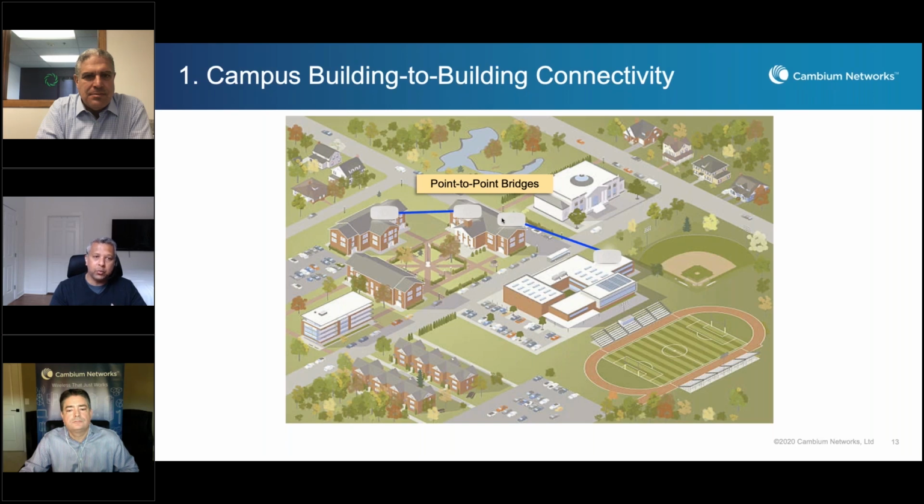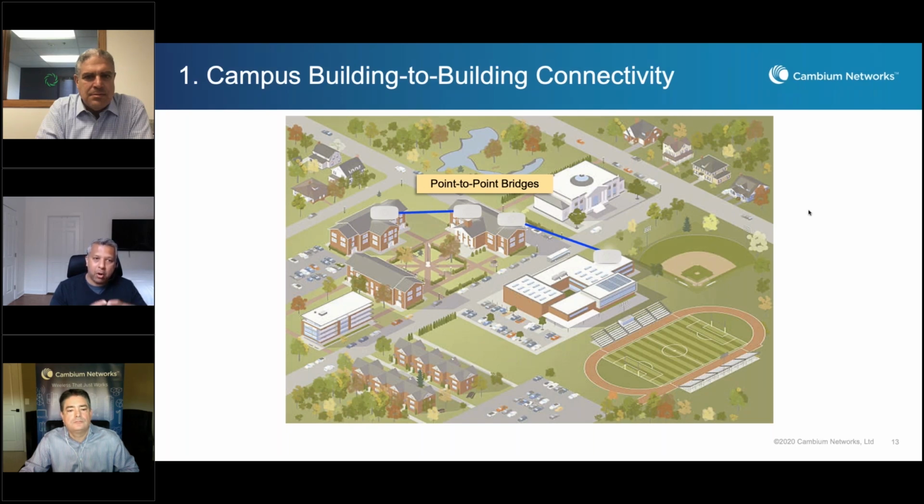One of the easiest things we offer is a bridge in a box. For a 500-foot connection, or even longer than that, you take a couple of radios out of the box, power them up, point and click, and get that 300-400 megabits across that parking lot, across that field to connect up two buildings. It is a very, very easy solution.